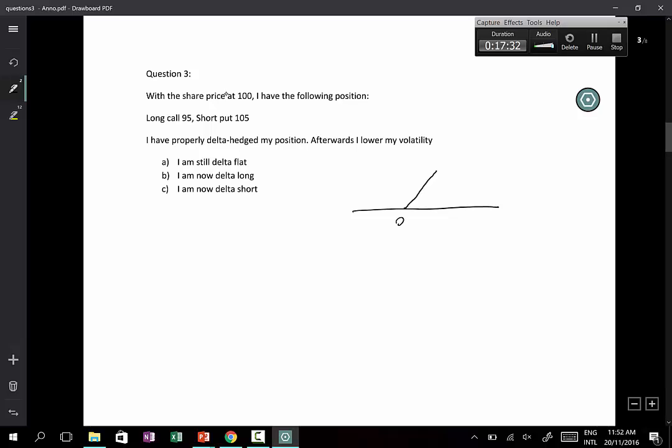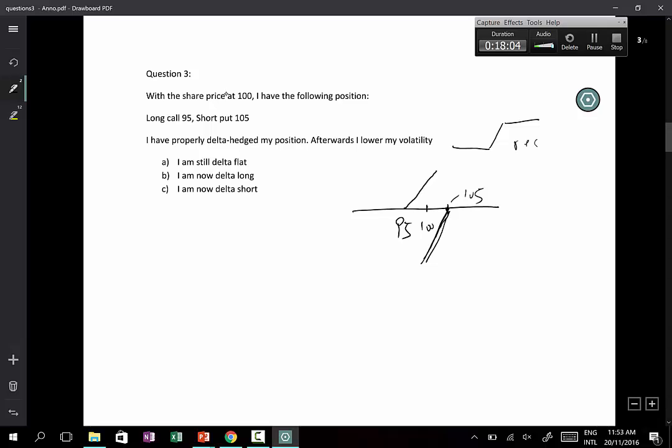So I'm long the call at 95 and it's now at 100, and I'm short a put at 105. So when you add the two together, you probably have something like this.